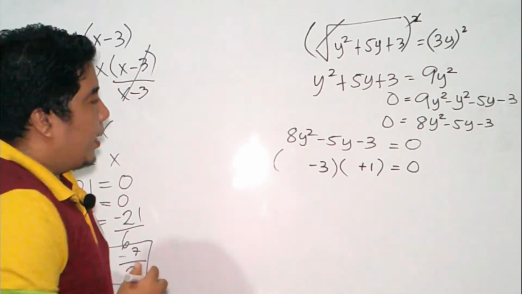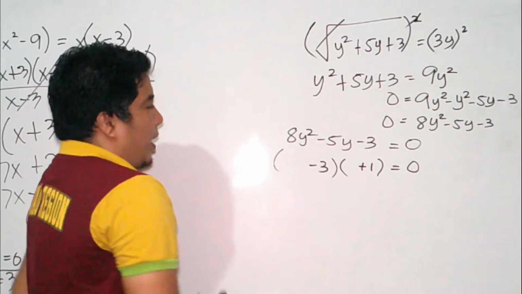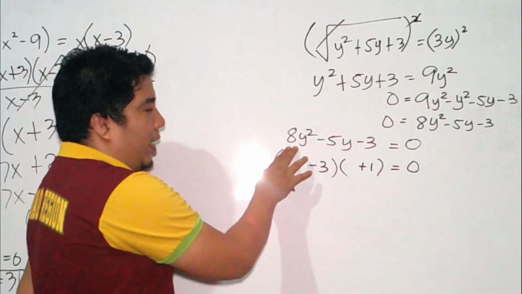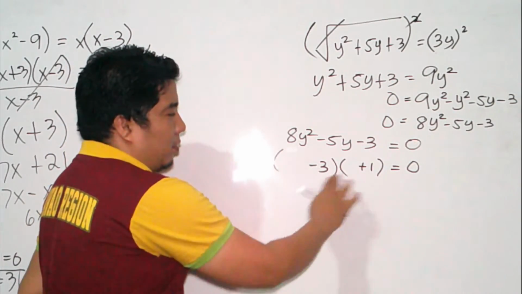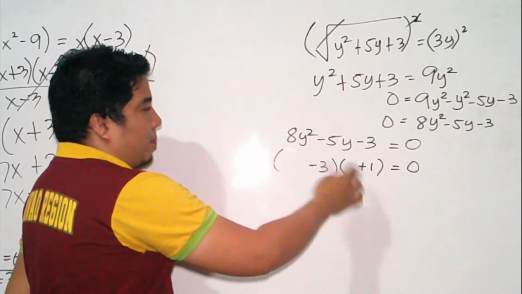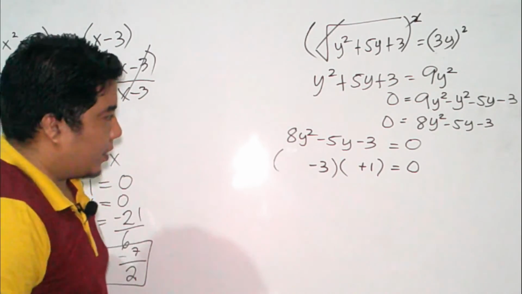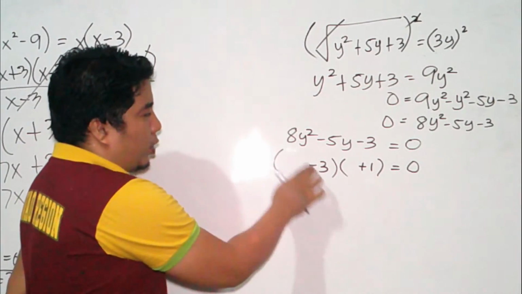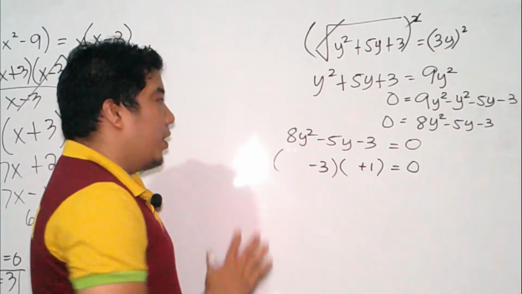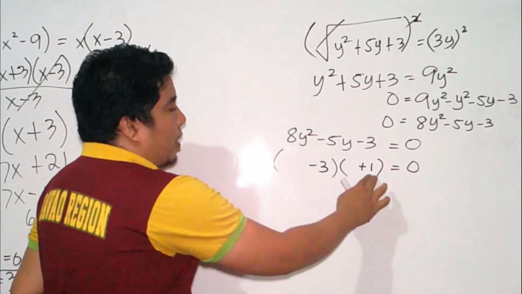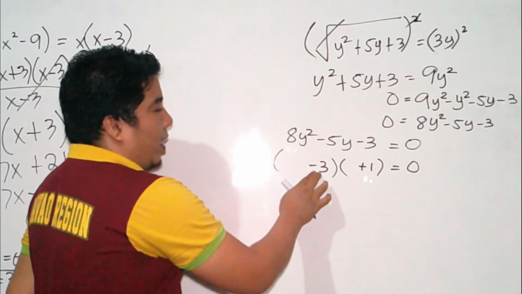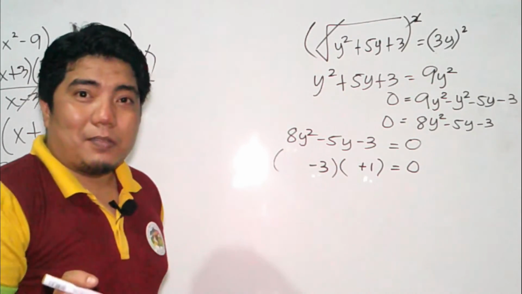Now, as you can see, we need to multiply the factors of 8 to one of these two, by which, if we add them, the answer is negative 5. Now, for sure, if we multiply this one, that will give us negative 24. That's big, right? So, if we use this one, that is positive 8, positive 8 minus 3, that is positive 5.